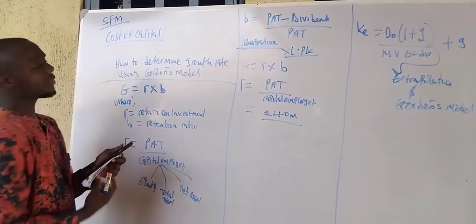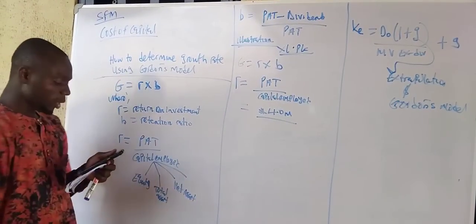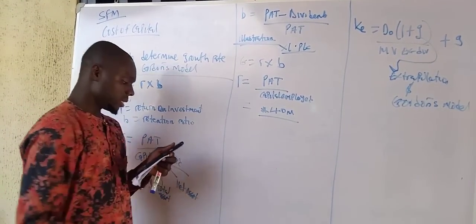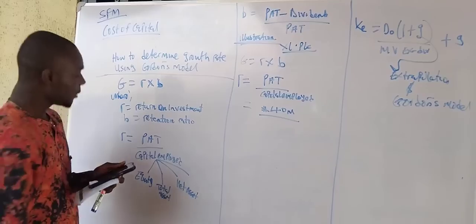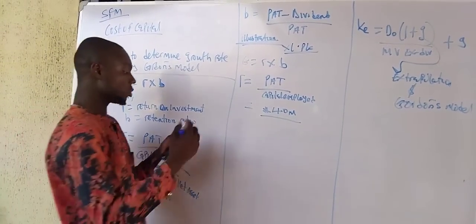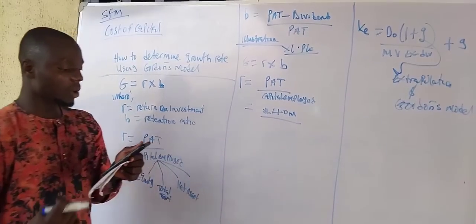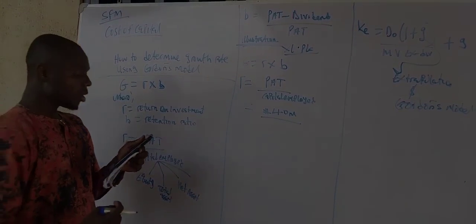So for the purpose of this class, we define capital employed as equity, as total equity. Where we have the total equity of 400 naira, 400 million.